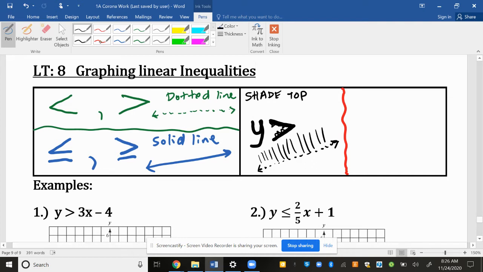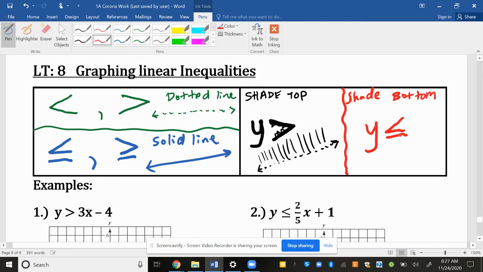Now, obviously, we're going to have a different scenario. Let's say the y is on the left, but the inequality sign is facing the other direction. Or let's say the alligator is not eating the y, it's actually eating the linear equation, the slope and the y-intercept. In that case, if the inequality is facing the other direction, then you're going to shade the bottom of the line.